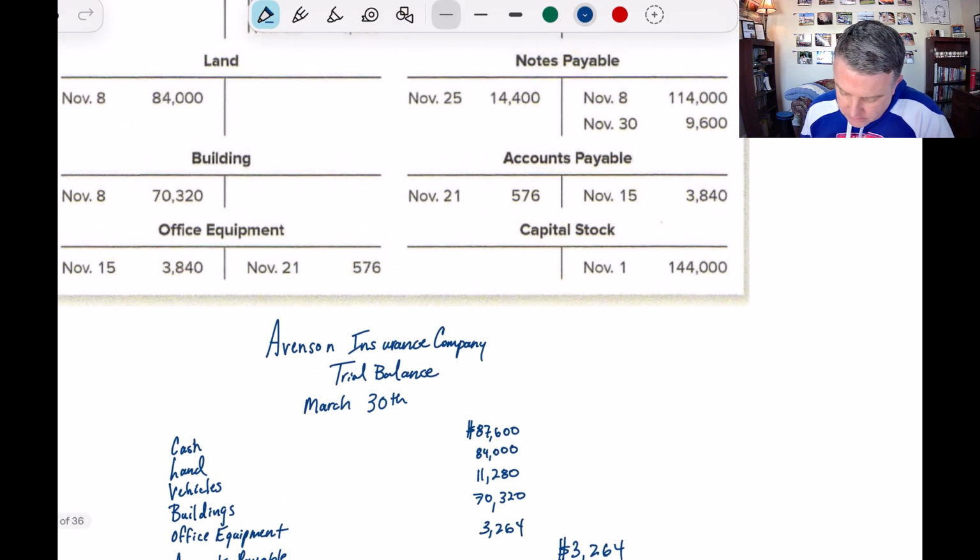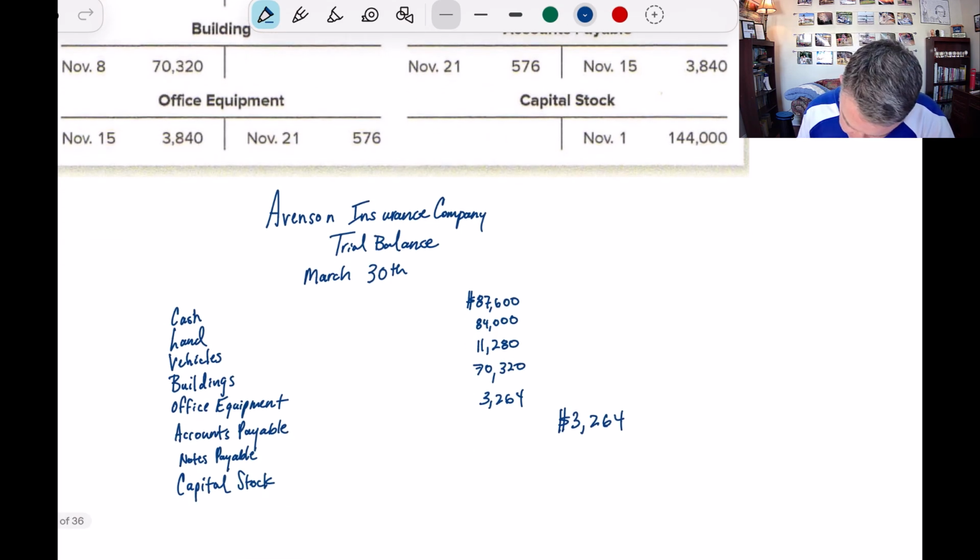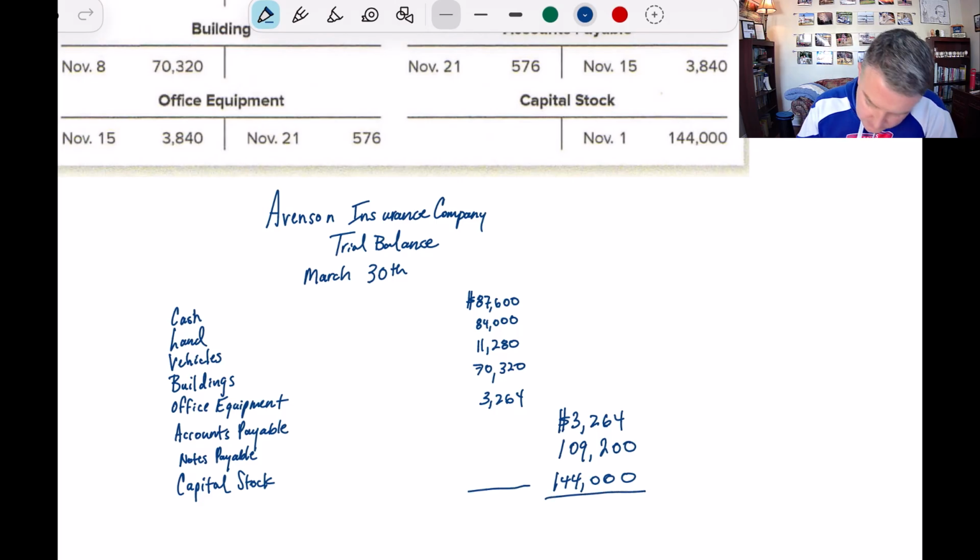Notes payable are $114,000 credit plus $9,600 of credit minus $14,400 of debit. So this is $109,200 for notes payable, and that's a credit balance. And then capital stock, there's only one transaction affecting that. That's for $144,000.